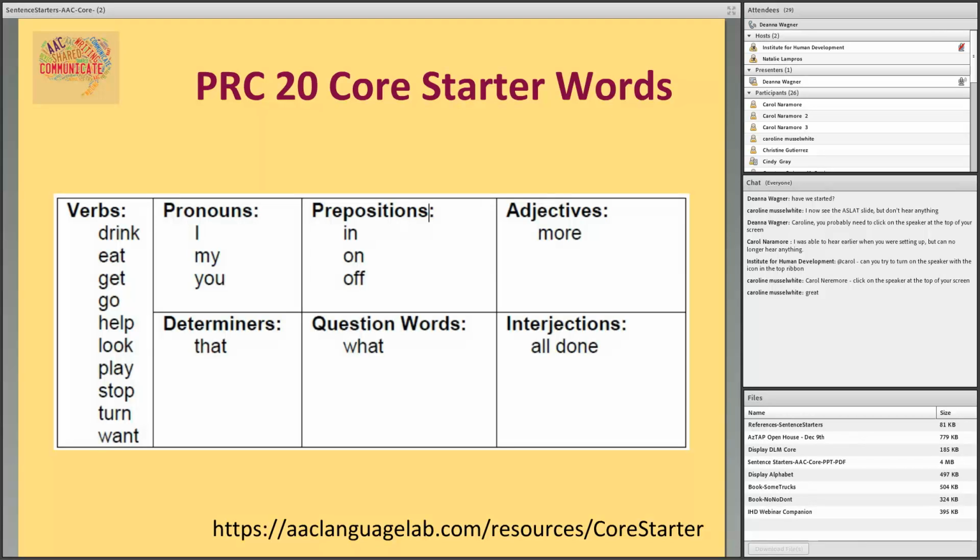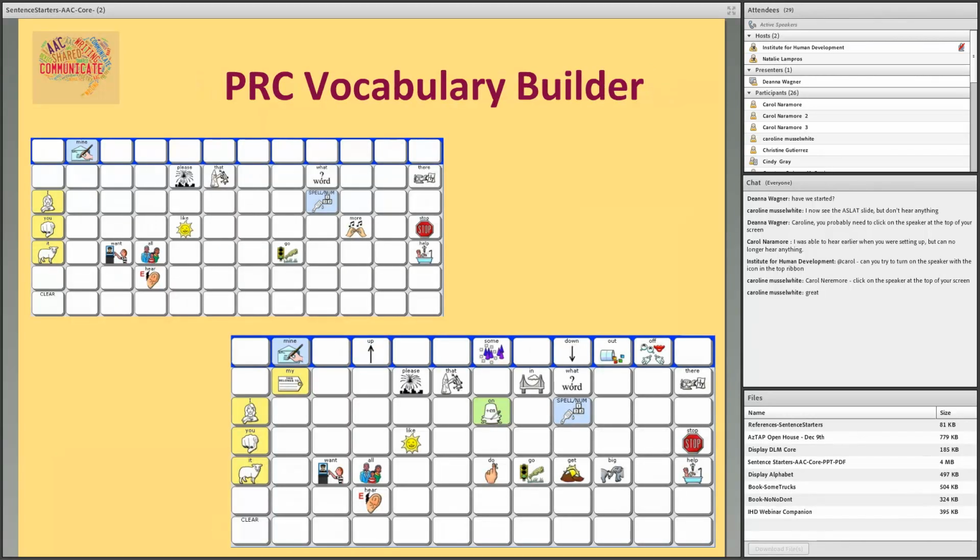So we want to think about communicative purposes and ways that we can start combining these words. If your students are challenged to use these words in a full language set, PRC also offers a tool called Vocabulary Builder, which limits the number of words that are showing on the page at a time.